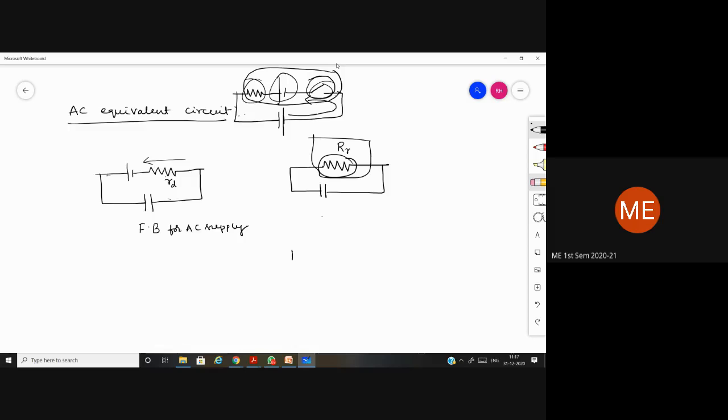Suppose they are asking you for the DC equivalent circuit, what will you write? This is for AC, I am asking for DC. In the last class itself we have done, no? DC equivalent circuit is nothing but diode approximation.